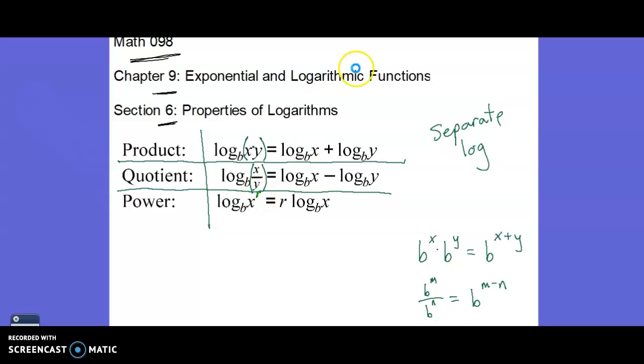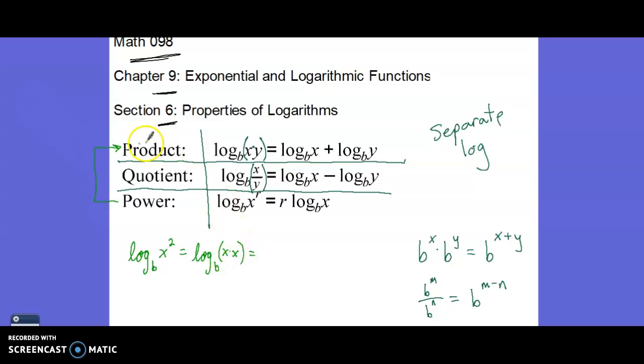I don't know why the book uses r as the power, but they do, where you can move this power in front. Sometimes I'll explain this rule by using the product rule, because let's say I gave you a problem that was like log base b of x squared. Well, that's the same thing as log base b of x times x, right? Agreed, x times x is x squared.